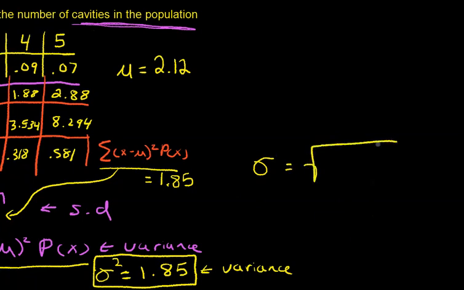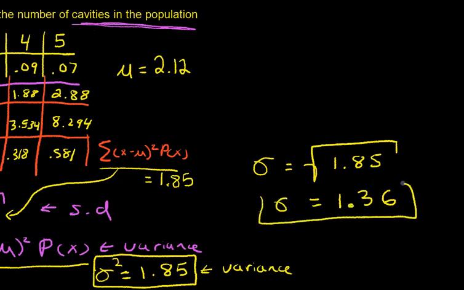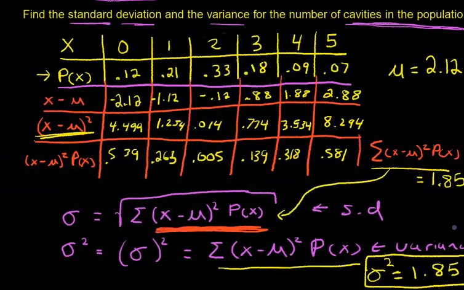I take the square root of 1.85, which equals 1.36. So the standard deviation is 1.36 cavities. This is the standard deviation for this probability distribution function.